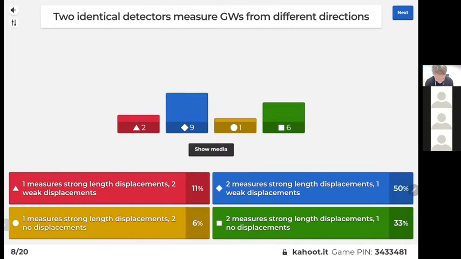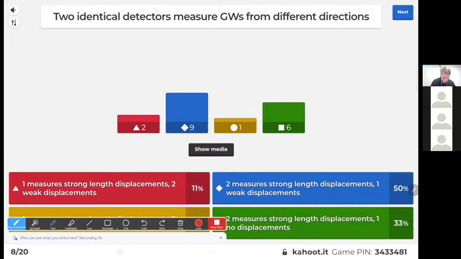People voted. Okay, there's a little bit more disagreement. The ones that received the most votes were the blue one and the green one, where most people seem to agree that the second instrument observes strong displacements.